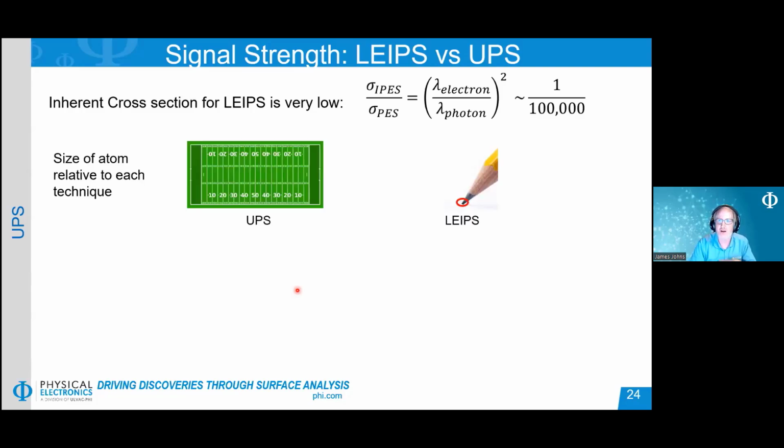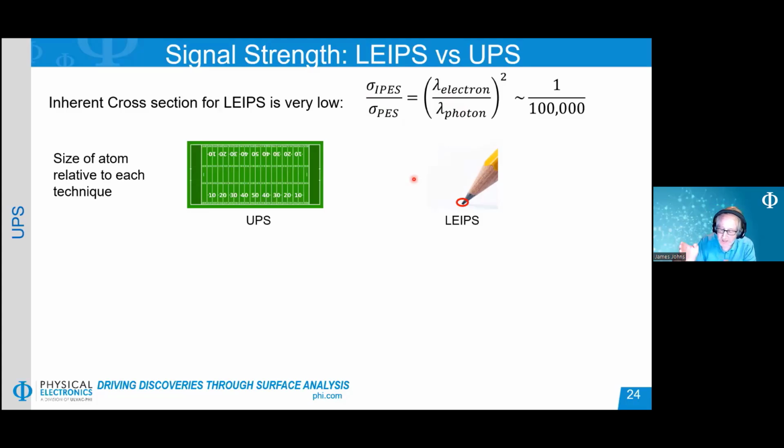The reason is that the cross section for an inverse photo emission process versus photo emission is approximately the wavelength of the electron versus the wavelength of the photon, divided by the wavelength of the photon squared, that ratio of cross sections, which means that UPS, or the photo emission process, is approximately 100,000 times more likely than the inverse.